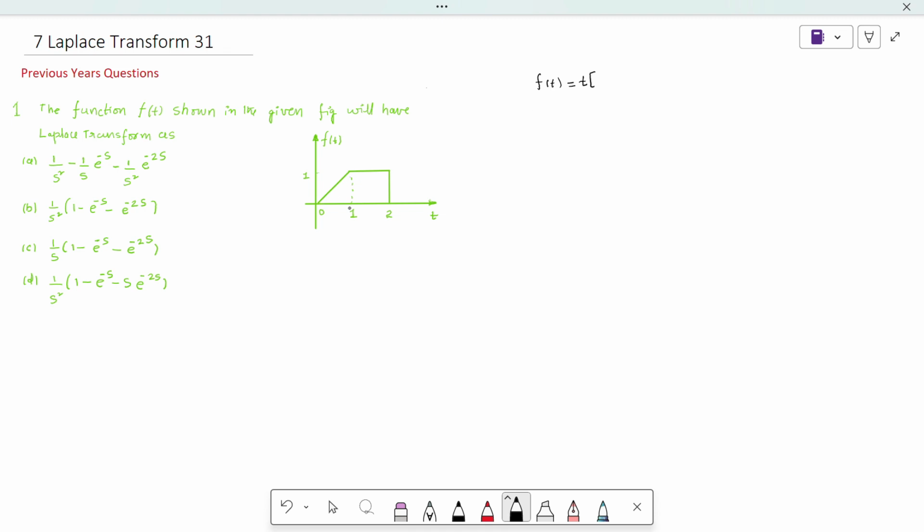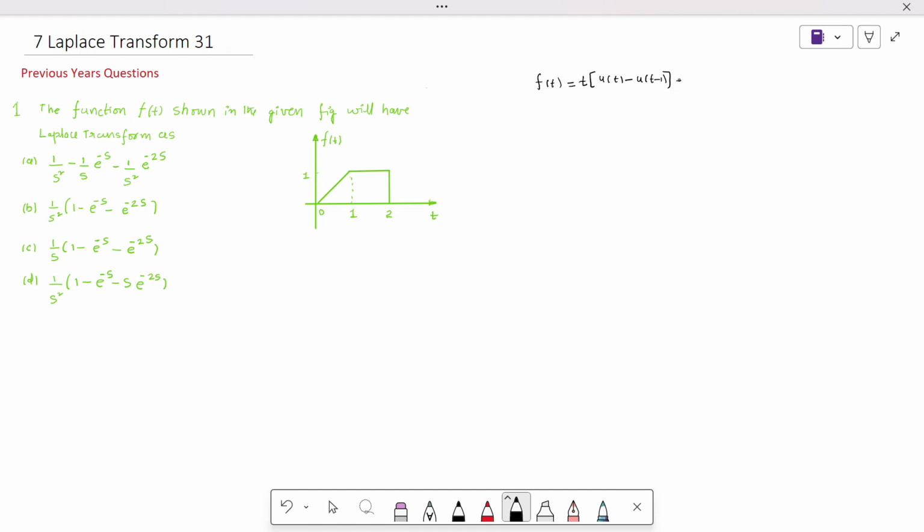So in this case only from 0 to 1, t must be multiplied by the rectangular pulse, that is u of t minus u of t minus 1. So this is ramp from 0 to 1. Then remaining, here we have a rectangular pulse which has magnitude 1 and width equal to 1 unit, from 1 to 2.